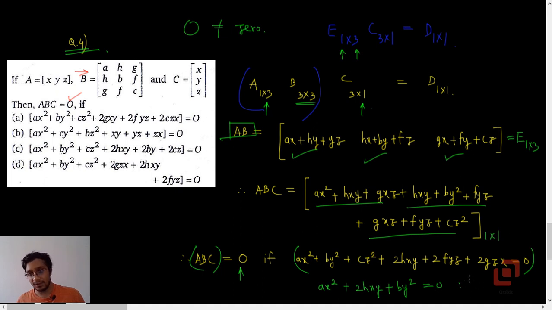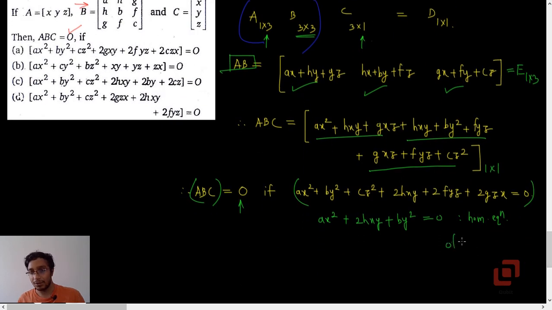You call this equation homogeneous equation of second degree in X and Y. Homogeneous means every term has the same degree, and in this case it is 2, and you consider all possible combinations of X and Y, so X squared, Y squared and XY, and it represents a pair of straight lines.